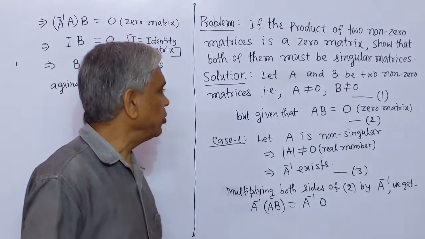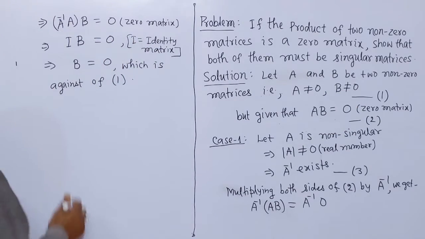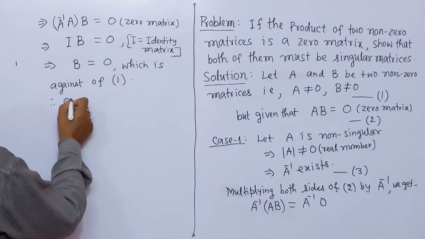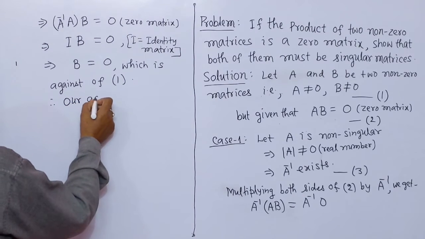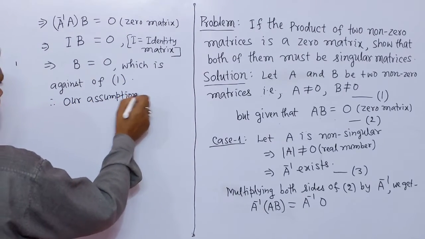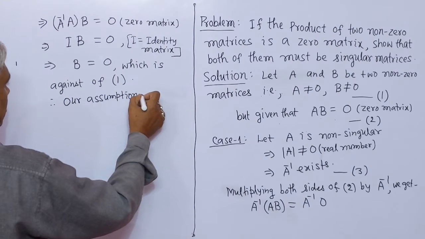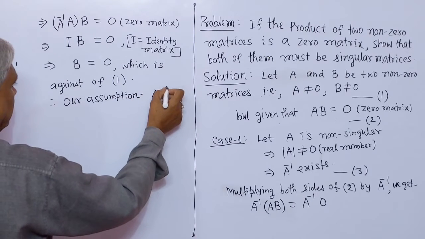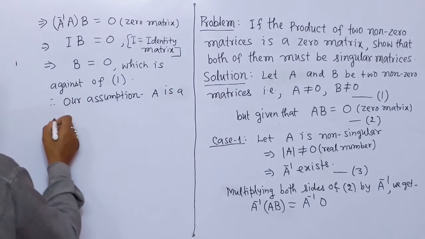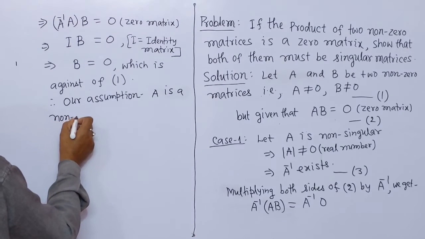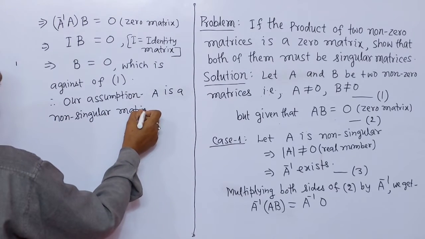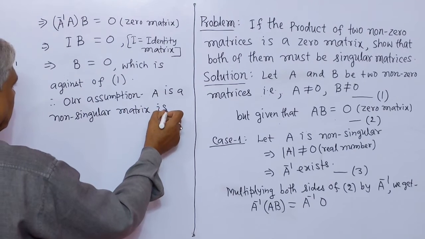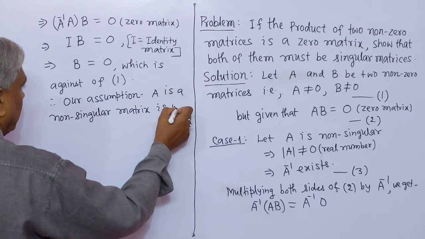B is not a 0 matrix. Therefore, our assumption that A is a non-singular matrix is wrong.